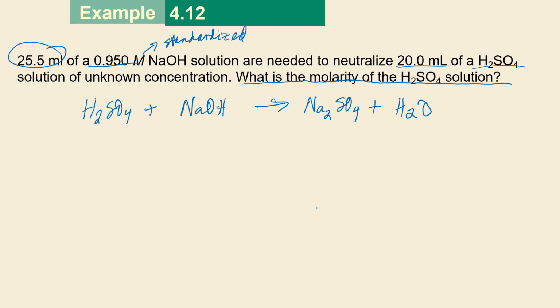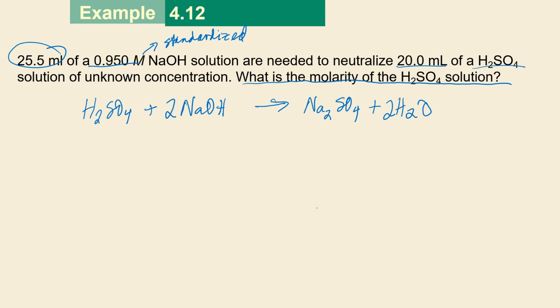Now we have to worry about balancing this, so we need 2 NaOH over here to balance the Na. Now we have to put a 2 in front of our H2O. Let's see here, hydrogens are balanced, oxygens are balanced. We look like we're good to go here. Now, as I pointed out before, notice we have a 2-to-1 mole ratio, 2 moles of NaOH required for every 1 mole of H2SO4.